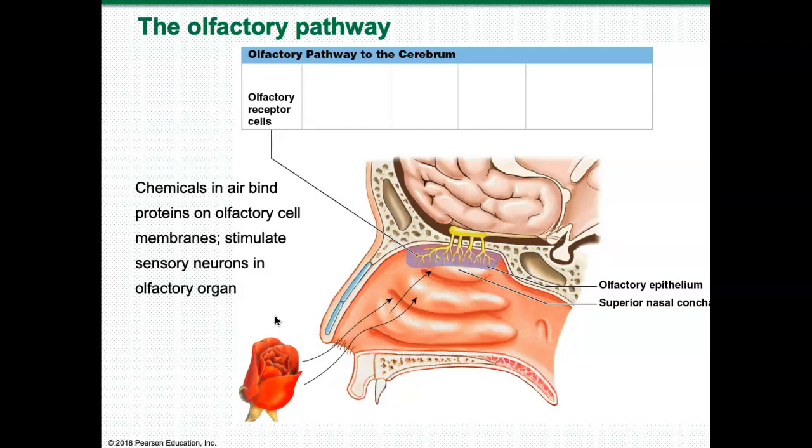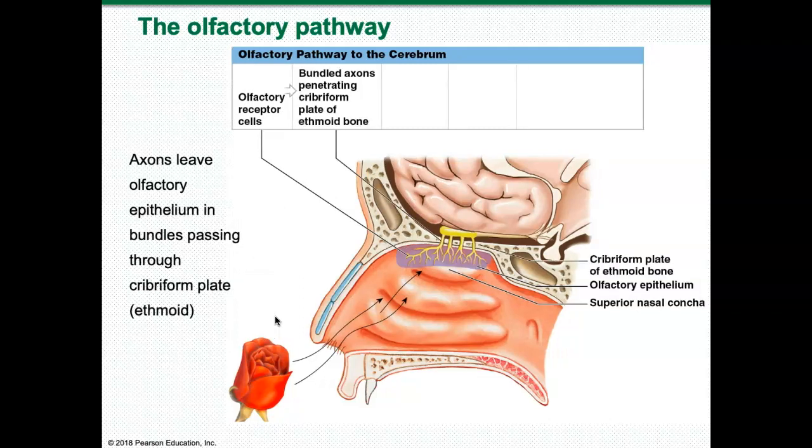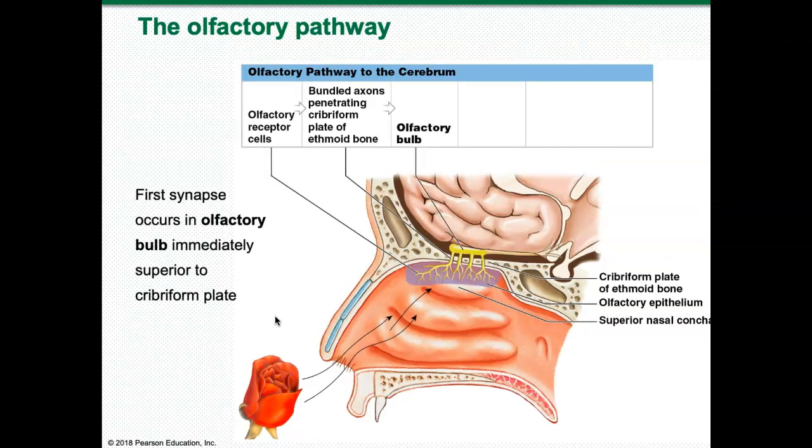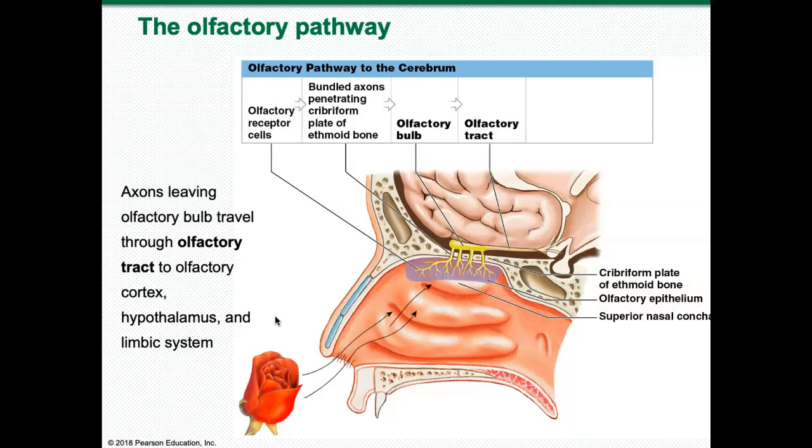So the olfactory pathway, you'll see what happens once that specialized receptor cell is stimulated. From the olfactory receptor cell, we have bundled axons that penetrate the cribriform plate of the ethmoid bone and go to the olfactory bulb on the underside of the frontal lobe of the brain, and then travel posteriorly along the olfactory tract.